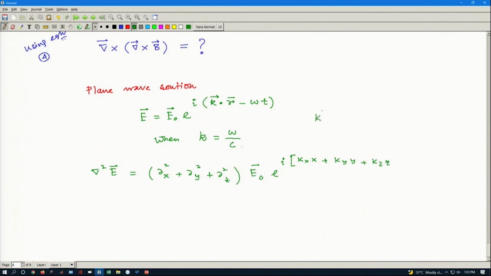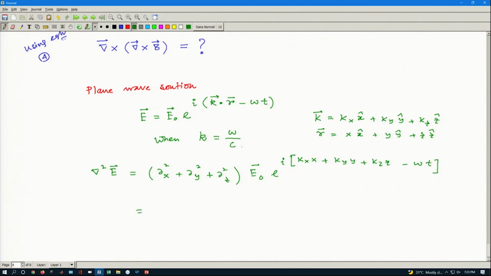So, my k vector here is kx unit vector x plus ky unit vector y plus kz unit vector z, and my r is x unit vector x, y unit vector y, and z unit vector z. Then minus omega t, bracket close, and if I operate these things, then what we get is this one.